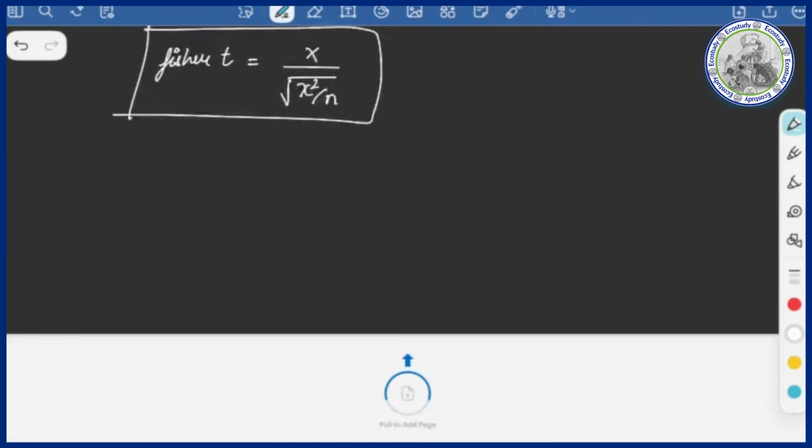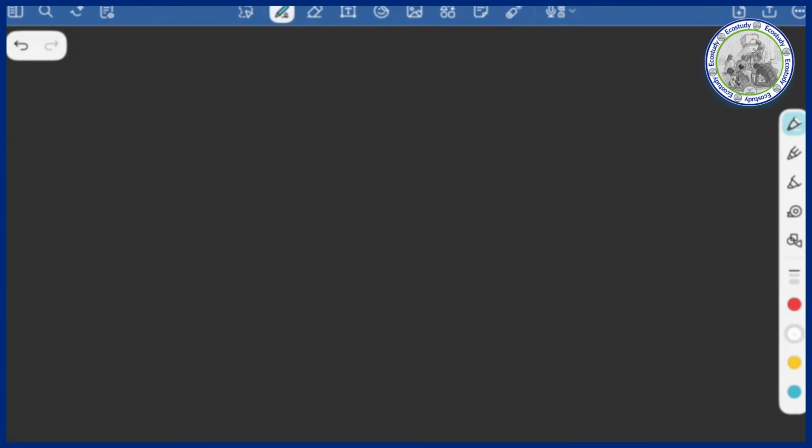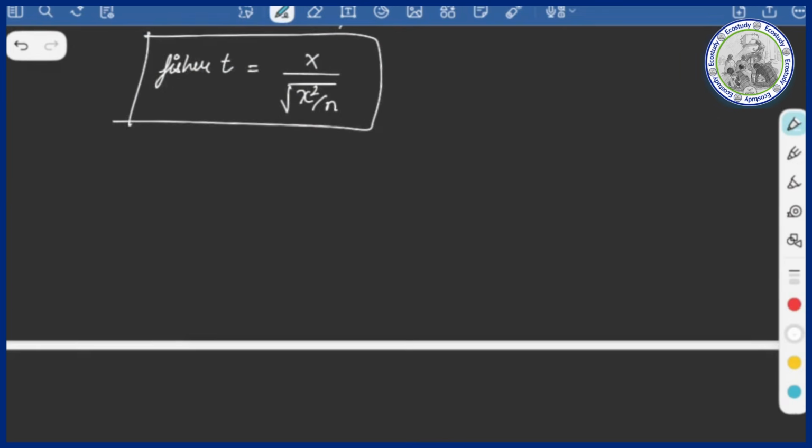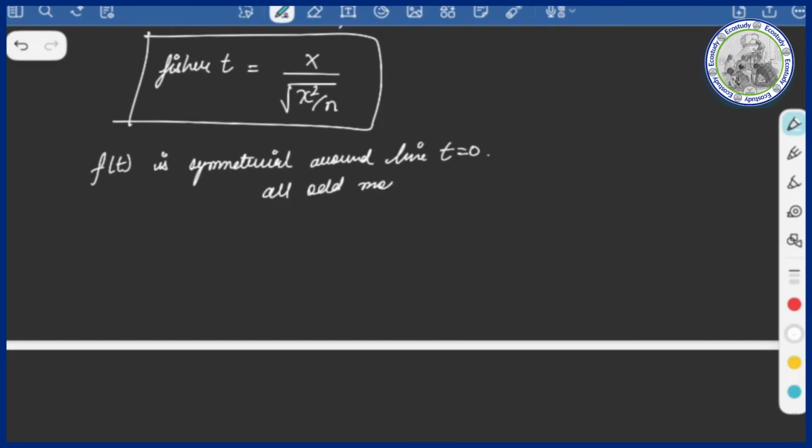Then we see the moments. So what are the moments? First of all, since the T distribution is symmetrical around the line t equal to 0, all odd moments of the T distribution are 0, meaning the mean of the T distribution is 0.